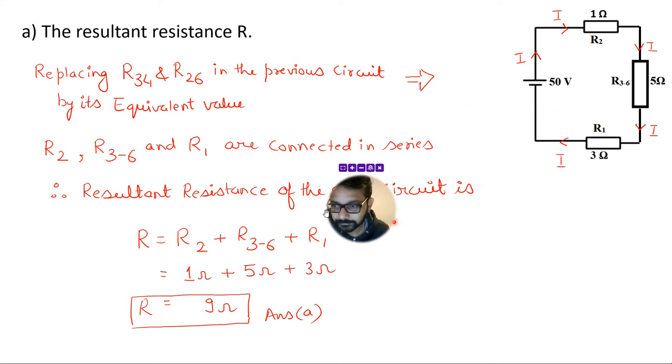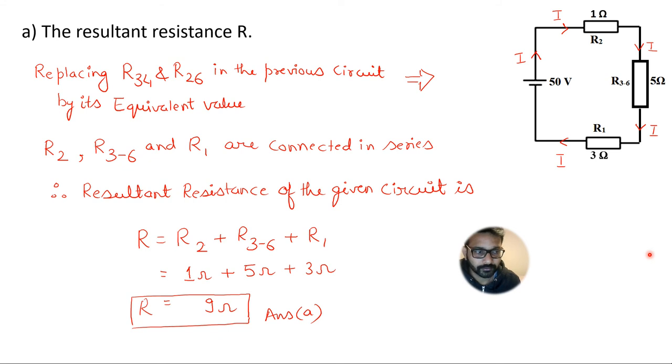So again the last step, I would apply the formula for series connected resistances. For series connected resistances, it is simply the sum of individual resistance. So R2 plus R36 plus R1. R2 is 1 ohm, R36 is 5 ohms, and R1 is 3 ohms.